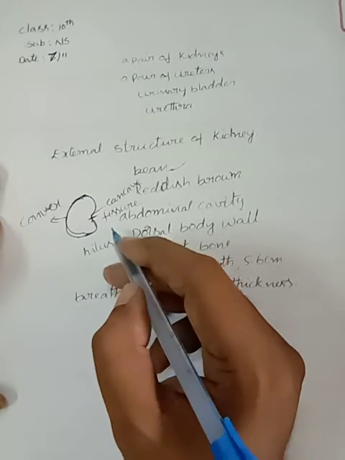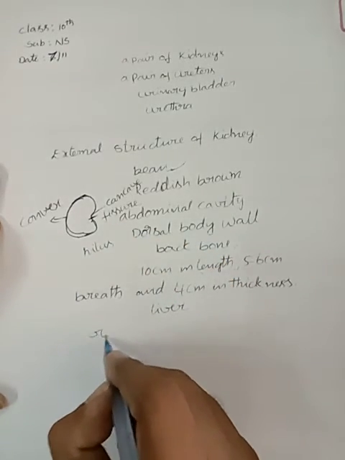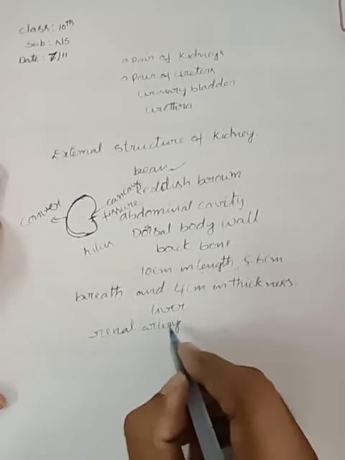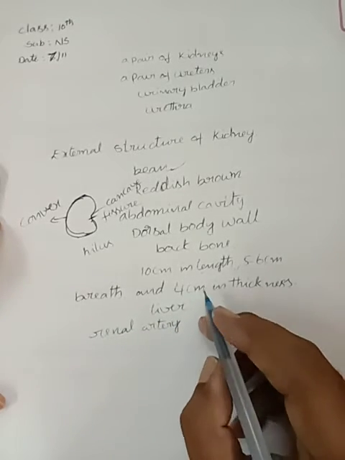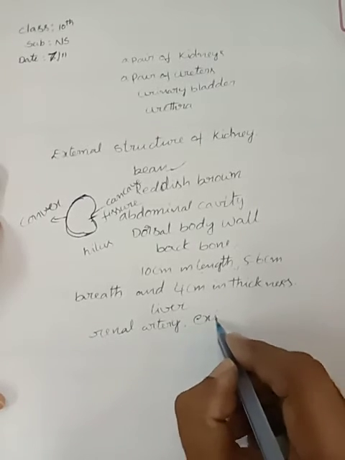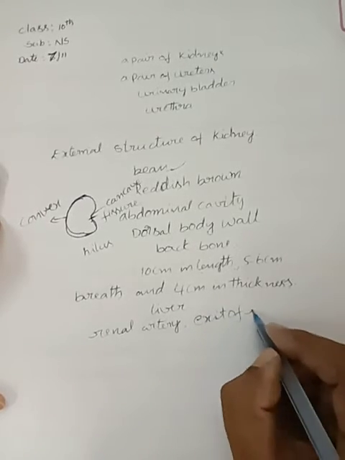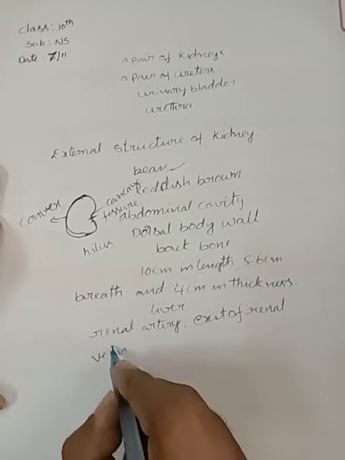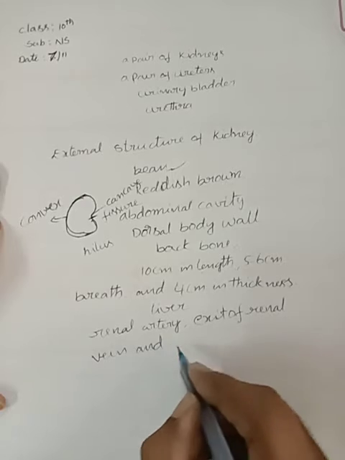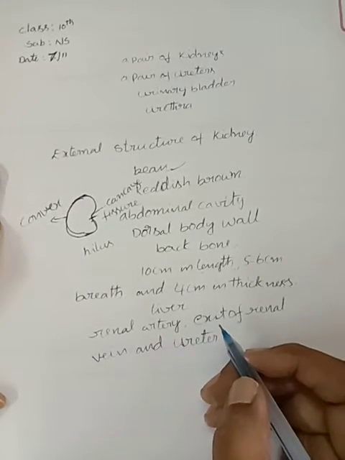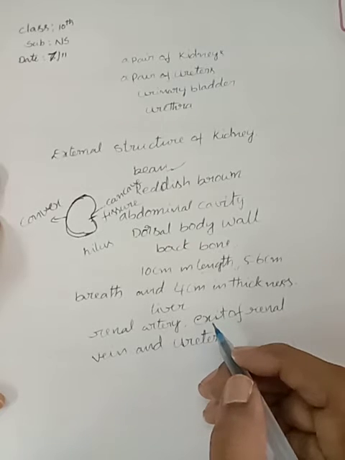The hilus is for the entry of renal artery, and exit of renal vein and ureter.